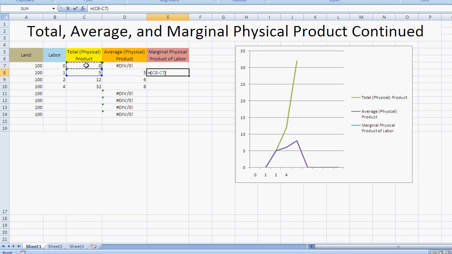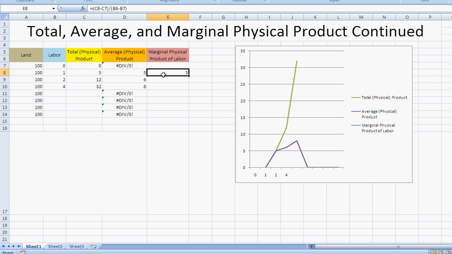So 5 minus 0 is the change in total physical product, divided by the change in labor, or the change in units of labor put into the production process. So divided by 1 minus 0, which is just 1, of course. So there we get 5, and this reminds us of that rule I was talking about last time, that for the first unit of an input, in this case labor, the marginal physical product will equal the average physical product.